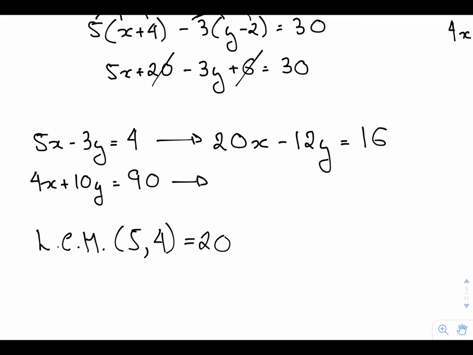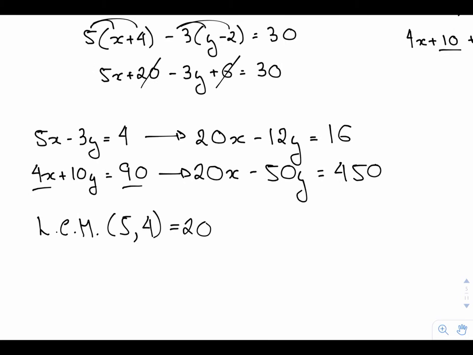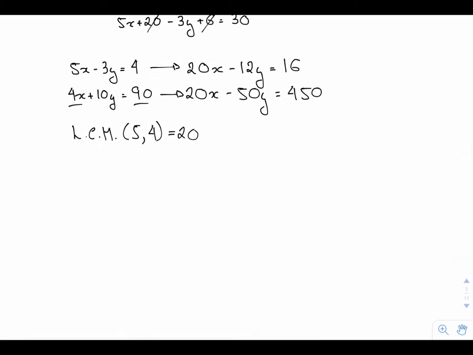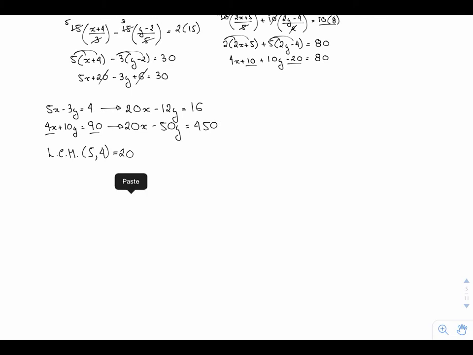And for this equation, I have to multiply the 4 by 5, so I'll get 20x again, plus 50y equals 450, because 90 times 5 is 450. So this is good news. Let me take this work here, copy it and paste it down here.